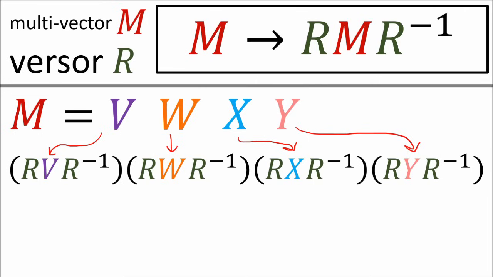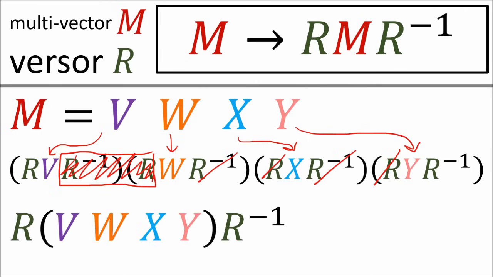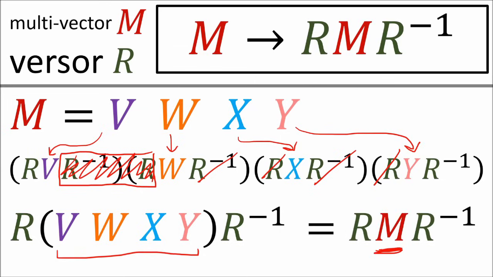The inner conjugation terms of R inverse and R cancel with each other, and we're left with only the outer R's. So conjugating each individual vector in M is the same thing as conjugating M itself. This allows us to transform bivector planes, trivector cubes, and so on, with the same conjugation formula.